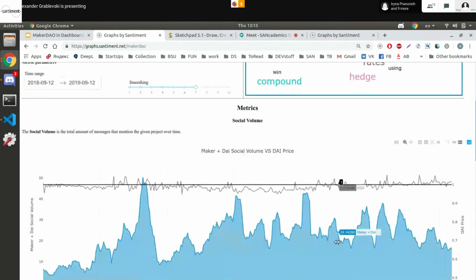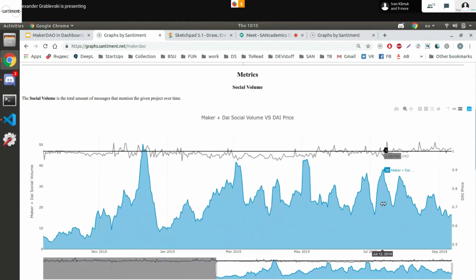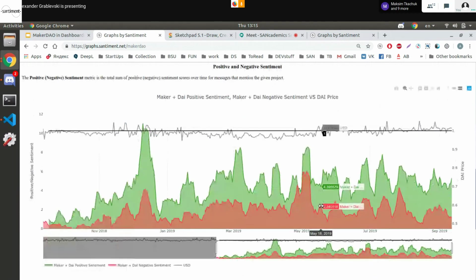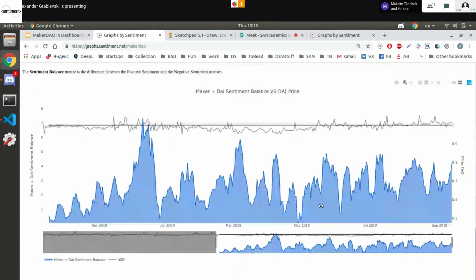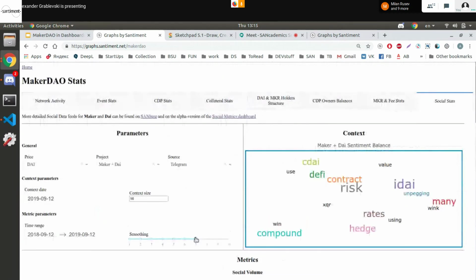So that's social volume, just the amount of mentions that happen across everything. You see that when the DAI price is changing, a lot of social volume is changing again. And there's positive and negative sentiment, or you can go to our previous seminar.